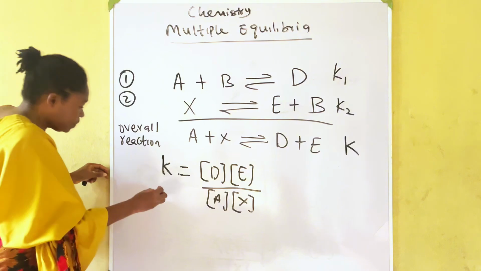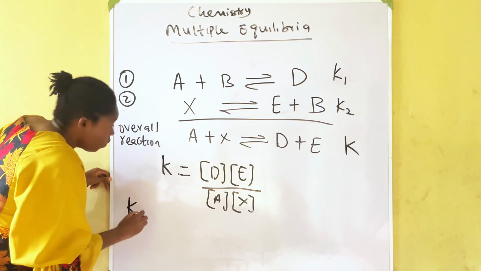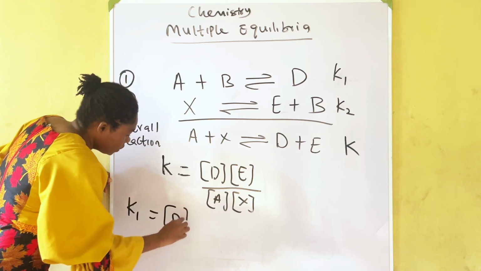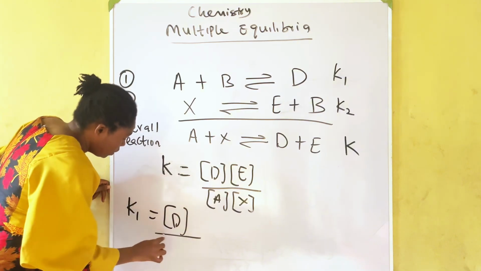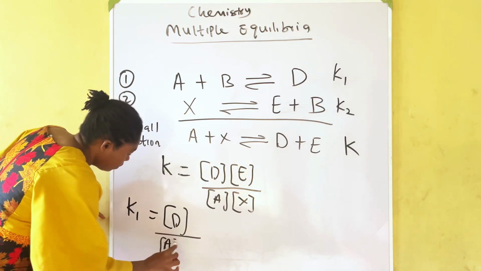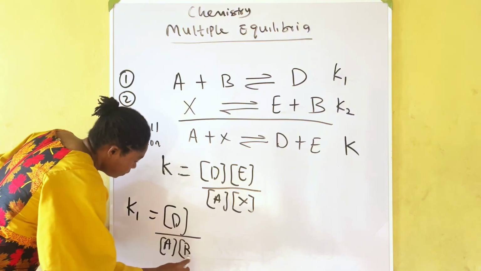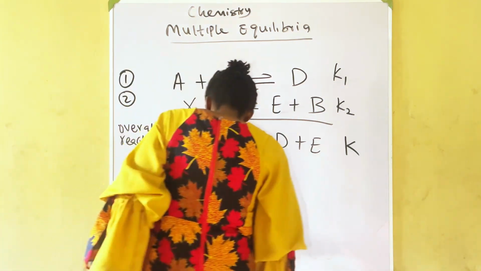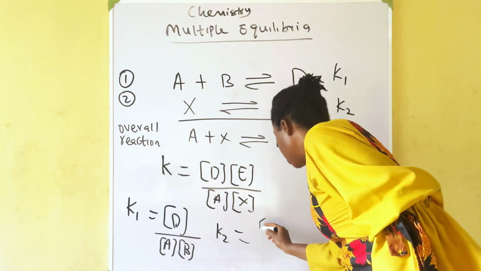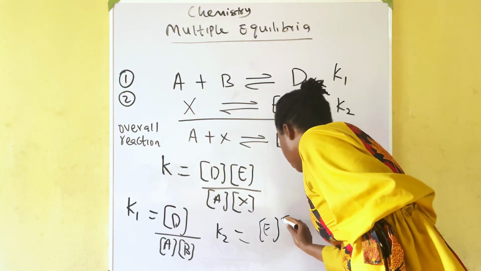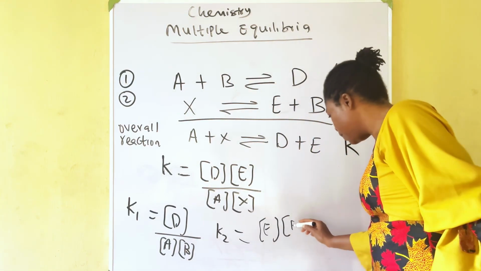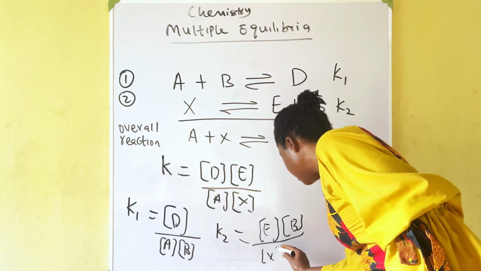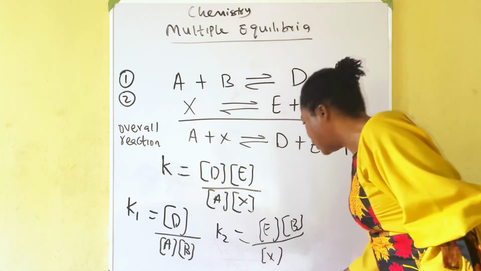Okay, look at this. The equilibrium constant K1 is the concentration of D divided by the concentration of A times the concentration of what? B. We do this for K2. K2 is equal to the concentration of E times the concentration of B divided by the concentration of what? X.